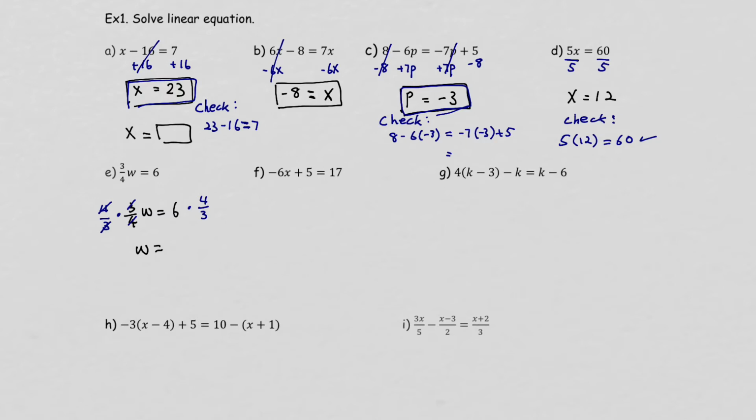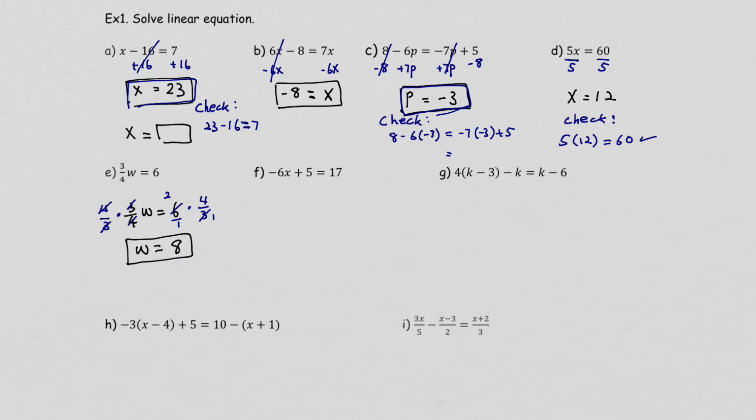And you know that 3 goes into 6 twice. So this is the same as 2 times 4, which is going to be 8. And if we check this, both sides should be equal to each other, right? When you replace w with 8, 4 goes into 8 2 times, 3 times 2 is 6, right? So solving equations, any type of equation, you can always check your solutions.